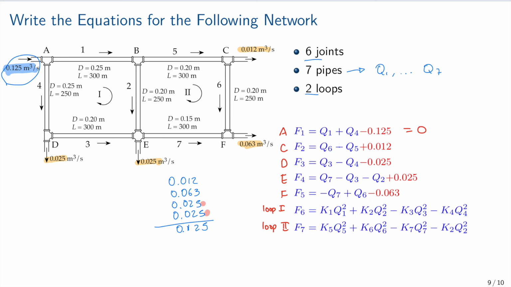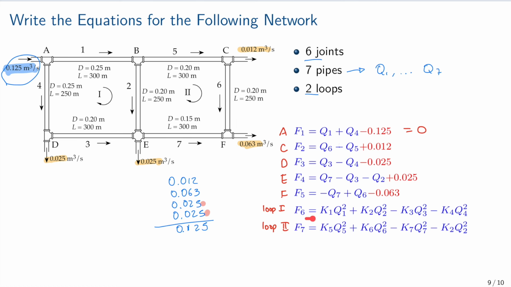Another one, let's verify this one. This is the equation for E. For E, the outlet is 7 and the inlets are 2 and 3. So 2 and 3 are inlets, and 7 is outlet, and also an outlet of 0.025. So all these equations are equal to 0, every single one.